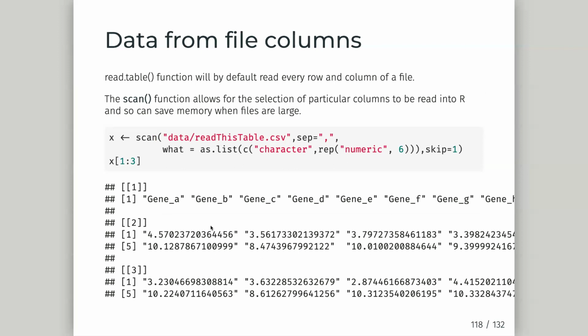Okay, so actually, I was trying to fix this example. We're not going to do this ever in our class, but the really low-level version of reading data in R is scan. Scan can actually save you a lot of memory when you have huge files, because you can tell it not to read in certain columns. You can just read parts of it. So in this case, we're going to try and read this table again. I'm going to give it the same separator.